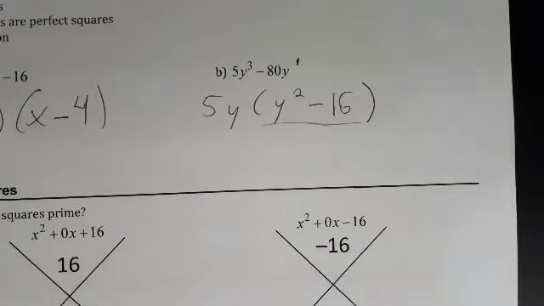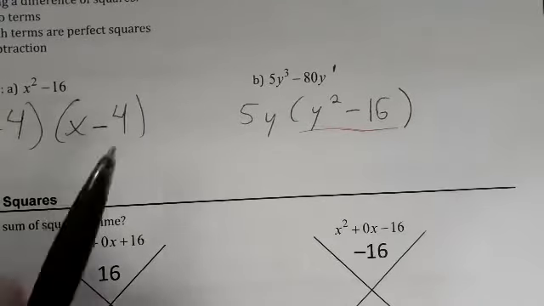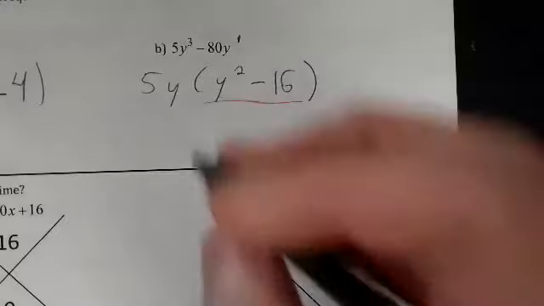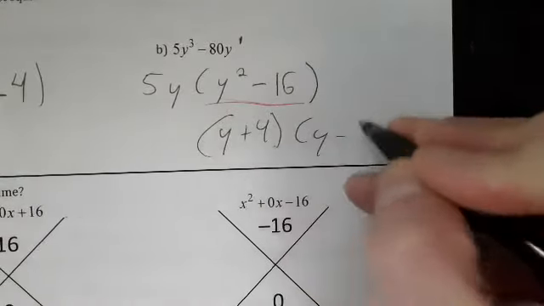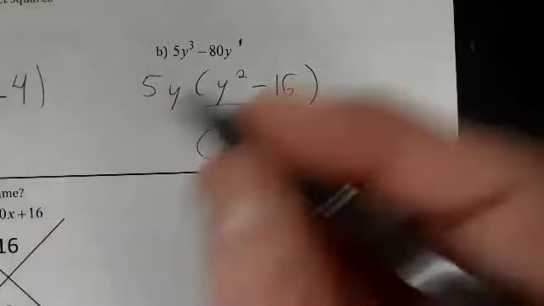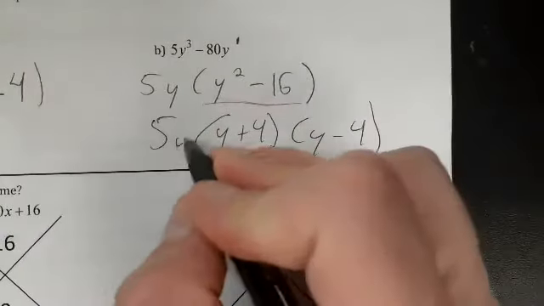I want to factor that. And so how do I factor something like that? It's just like this: y plus 4, y minus 4. And then don't forget the GCF down.